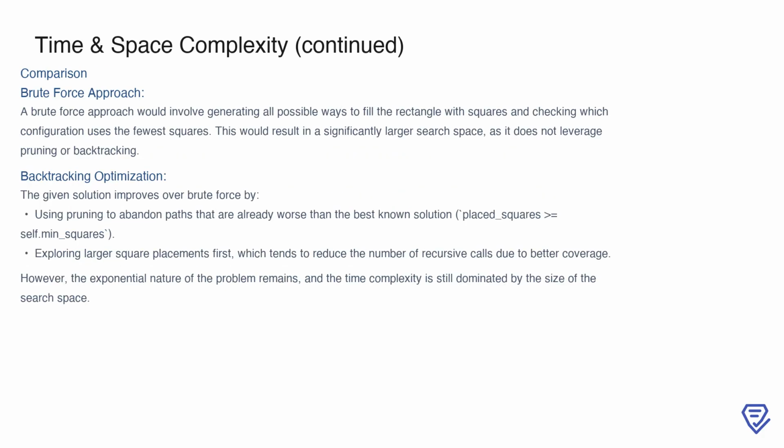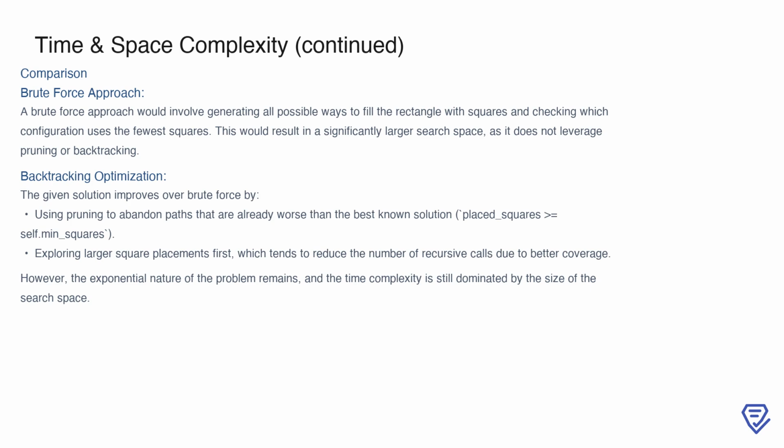To better understand the efficiency of this solution, let's compare it to a brute force approach. A naive brute force method would attempt to generate all possible ways to tile the rectangle and then determine which configuration uses the fewest squares. This approach results in an even larger search space because it lacks any optimization strategies, making it computationally infeasible for larger grids. In contrast, the backtracking approach used here introduces significant optimizations.